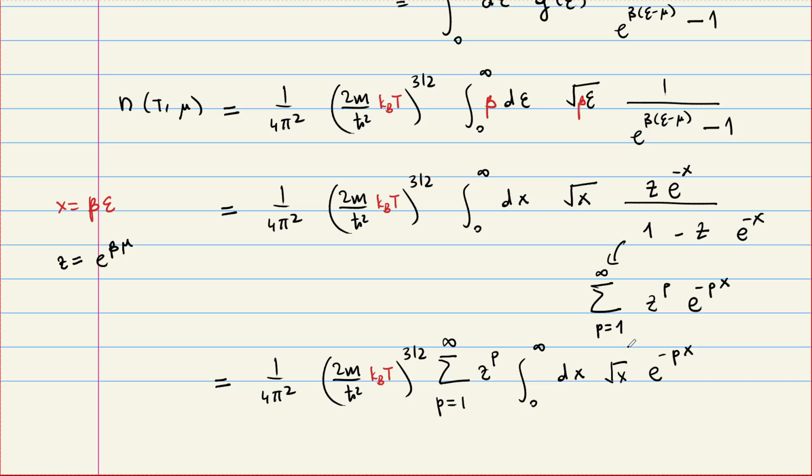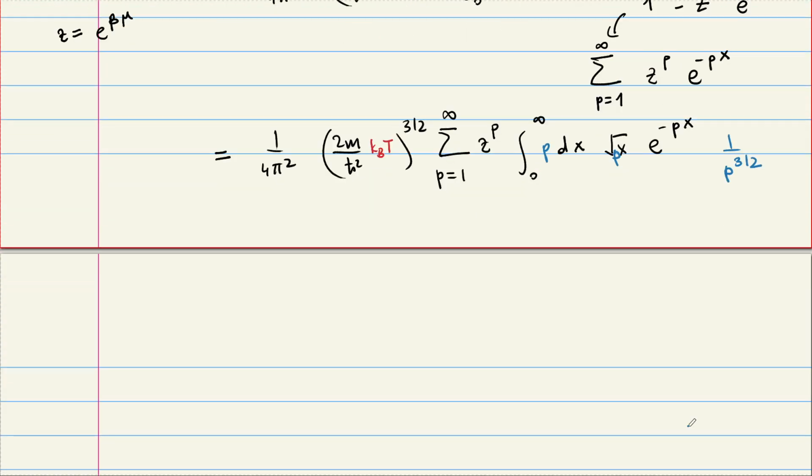And I do the same thing. I multiply by p to the 3/2 and divide by p to the 3/2. Then this integral is dimensionless. It is the integral from 0 to infinity du root u e to the minus u.